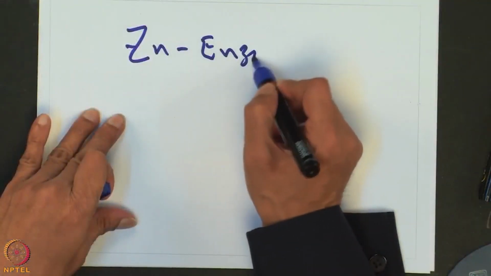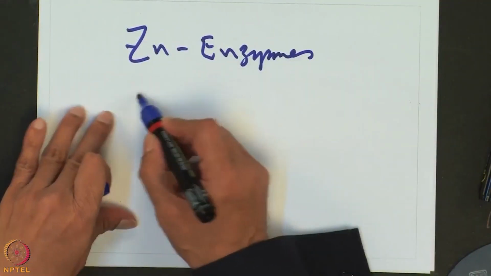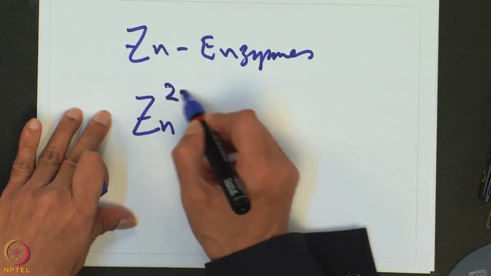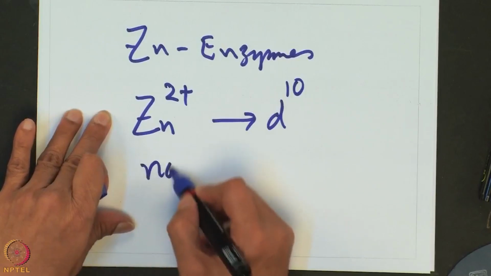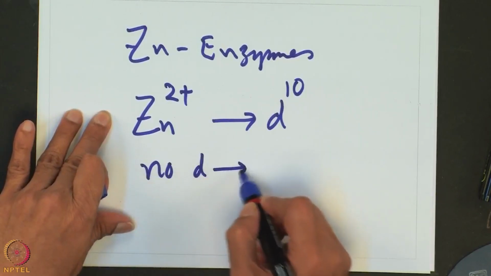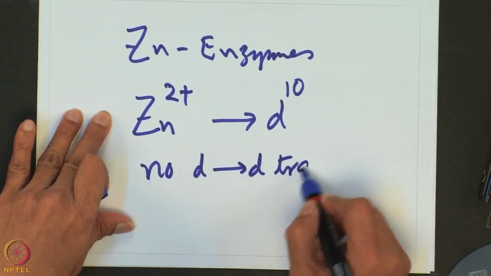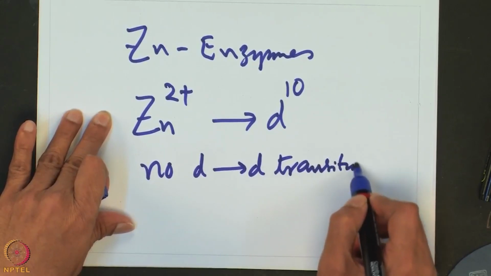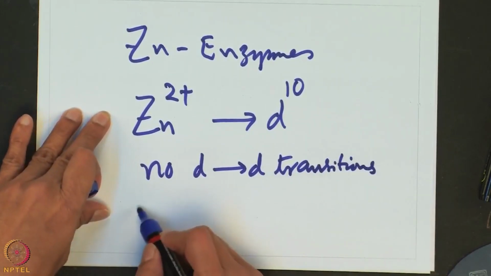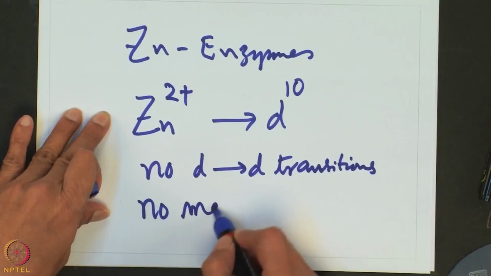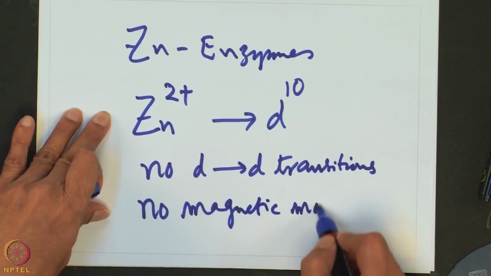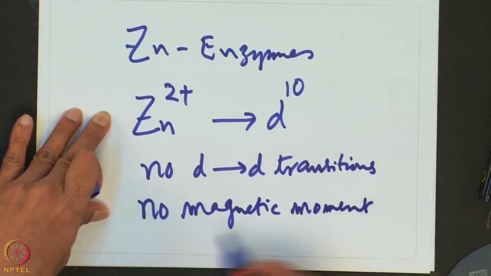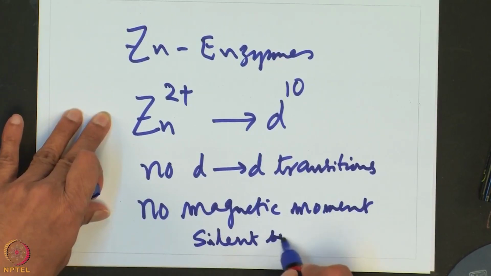In zinc enzymes, you have zinc 2 plus, which is d10, with no d-d transitions and no magnetic properties, no paramagnetism. So, therefore, it is a silent system.